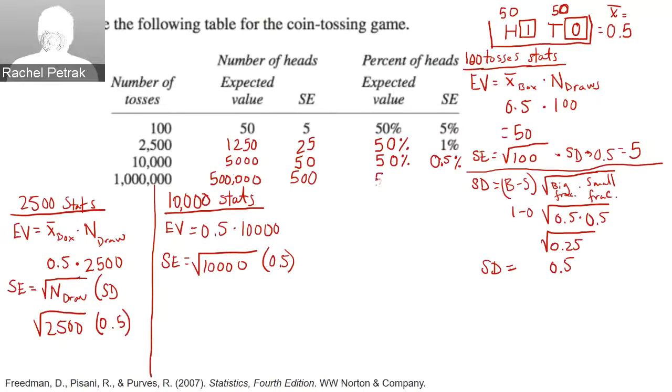But the percentage of heads expected stays steady at 50%. But our standard error gets even smaller, so that now it's 0.05 of 1%.